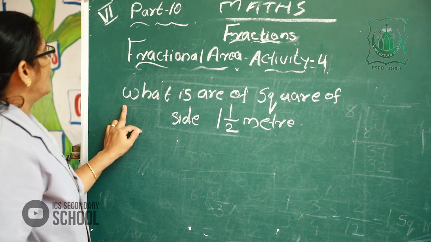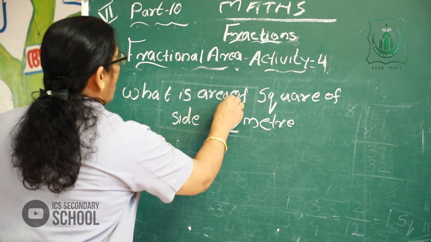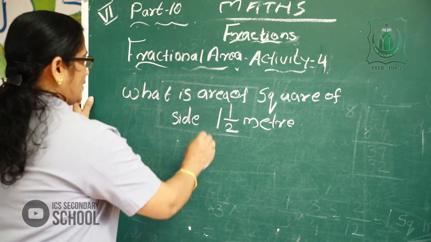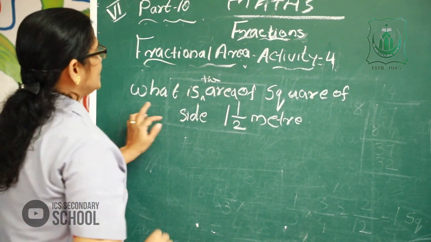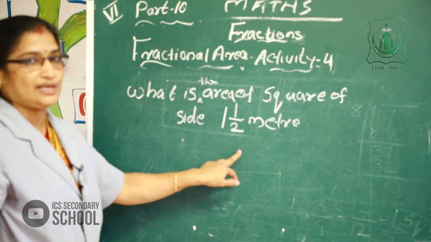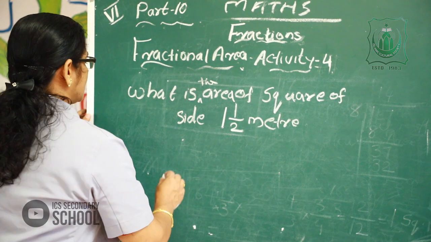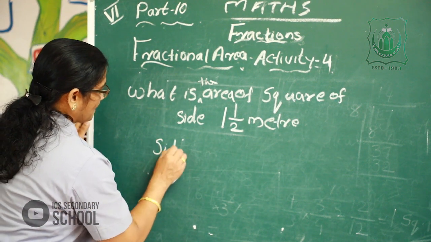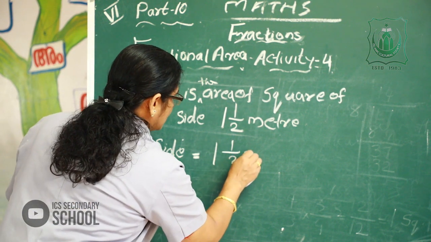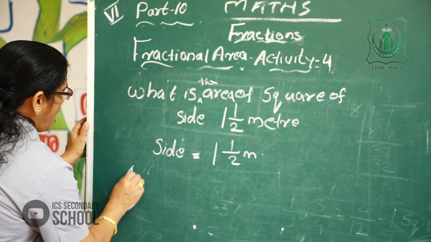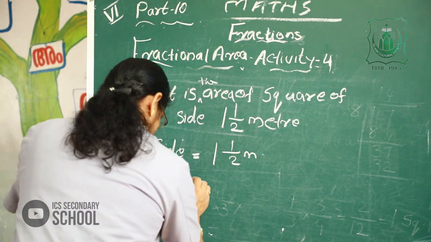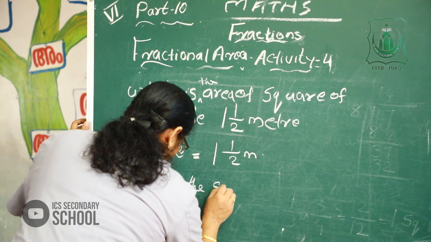What is the area of a square of side 1/2 meter? Side is 1/2 meter.